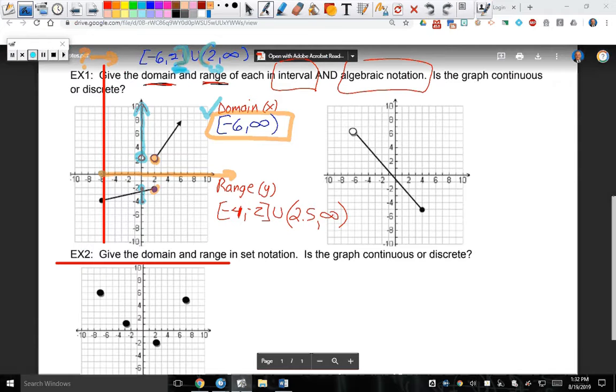Alright, so now let's do the algebraic notation. If I want to write -6 to infinity as an algebraic notation with inequality symbols and so on and so forth, anyone, how could I write -6 to infinity? Christina, what would I do?